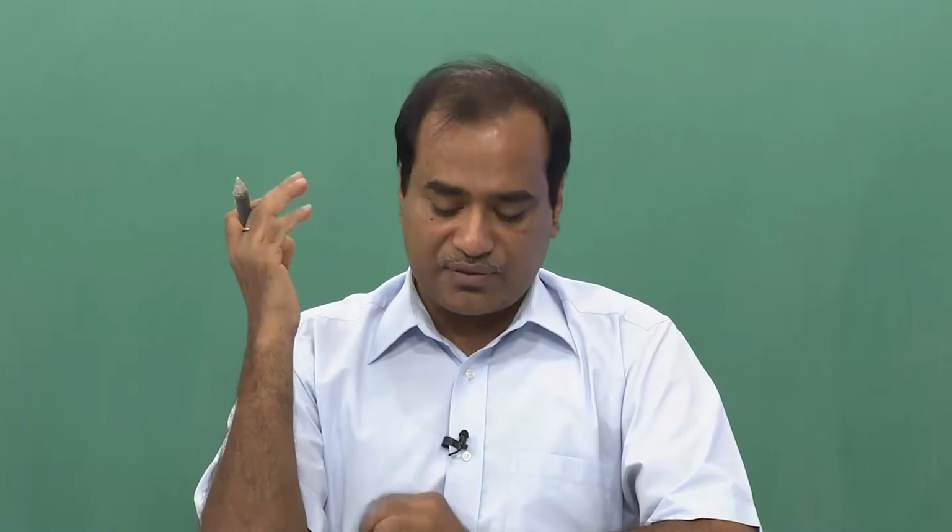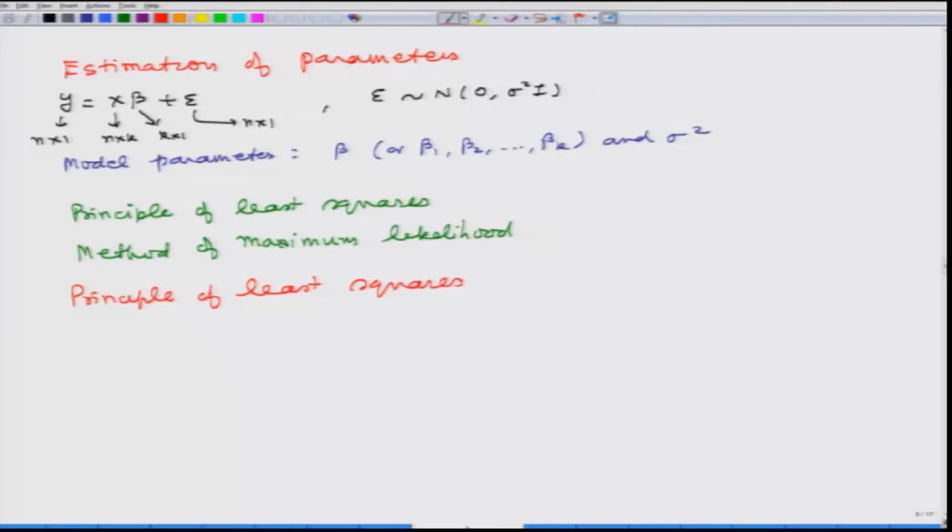Now, in this case, this is not a two-dimensional problem, but there are parameters beta 1, beta 2, beta k and sigma square. So, obviously, first we will concentrate on the estimation of beta 1, beta 2, beta k, and sigma square will be estimated later separately.